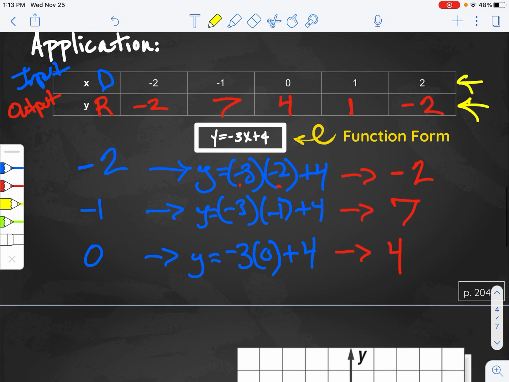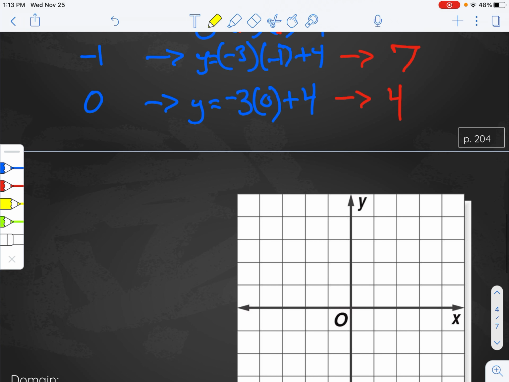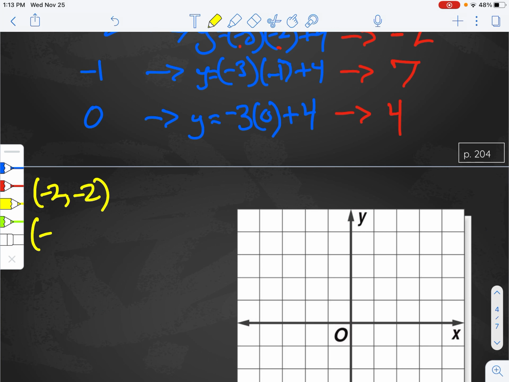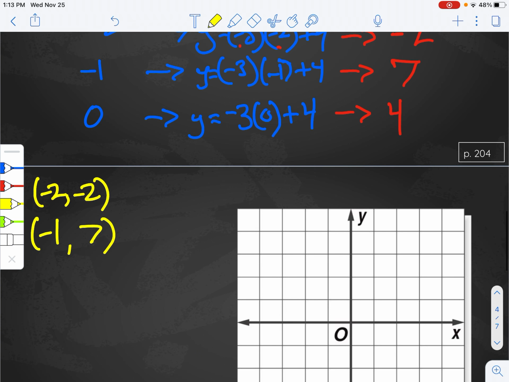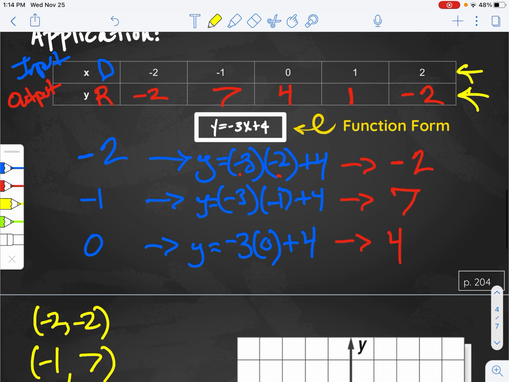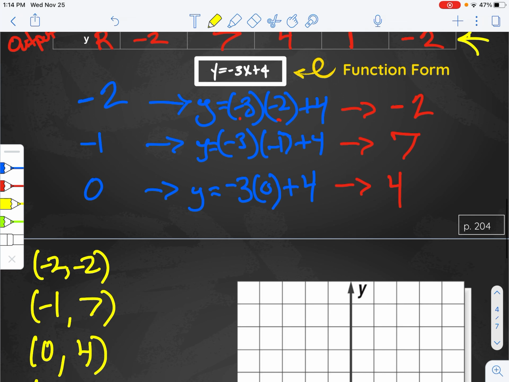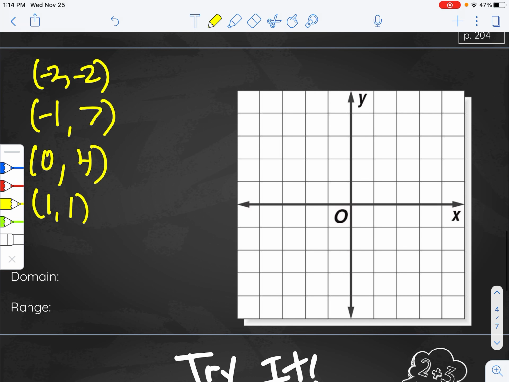We can put these together to create an ordered pair. So our ordered pairs that we have are negative 2, negative 2, negative 1, 7, 0, 4, 1, 1, and the last one is 2, negative 2.